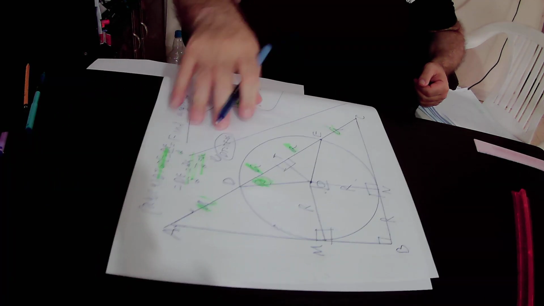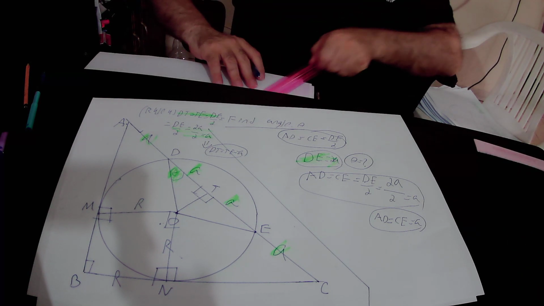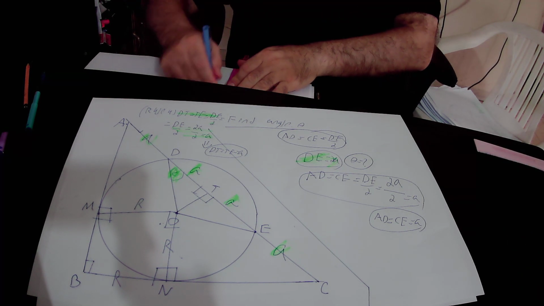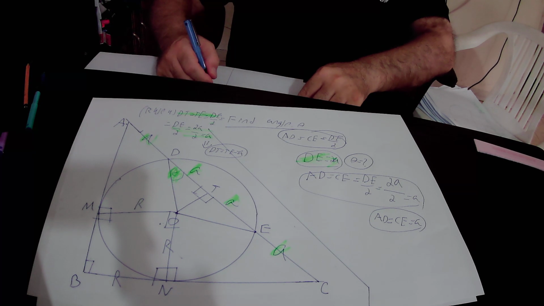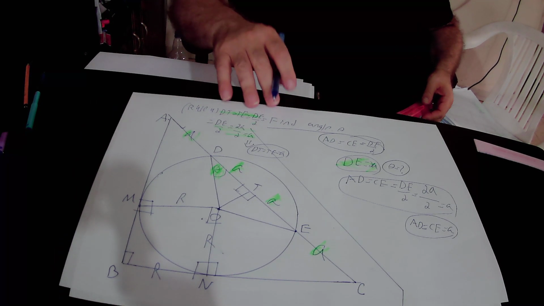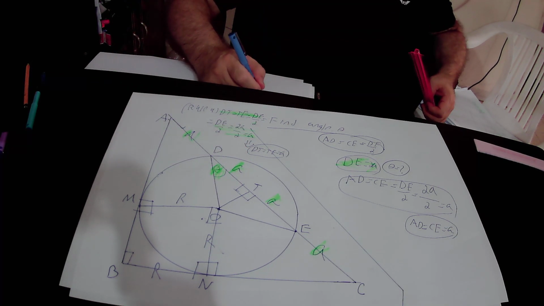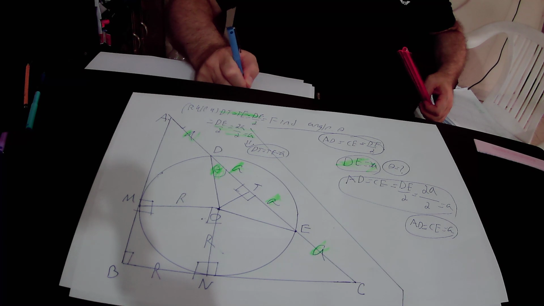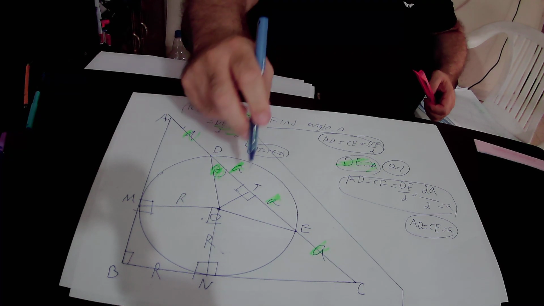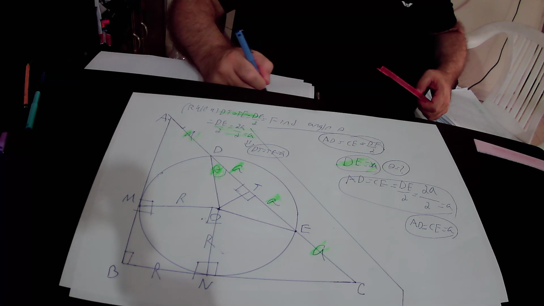Likewise, according to the same rule that the opposite sides of a rectangle are equal to each other, we conclude that ON equals MB. But we have already found out that ON equals R, it is the radius of the circle.